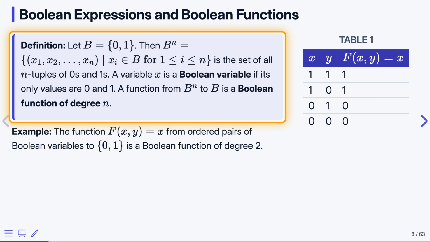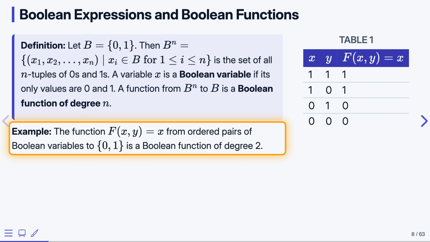Now we say what a Boolean function is. Start with the set B, which is just 0 and 1. B to the n is the set of all lists of length n whose entries are each 0 or 1. A Boolean function of degree n takes one of those lists and returns a single 0 or 1.